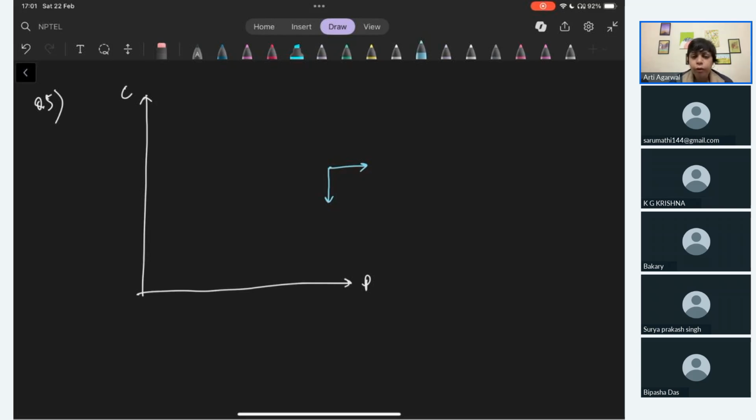Now, if you do vector addition of these two, it becomes like this, right? So this arrow, the tangential arrow, is the direction of increase of utility for this particular combination of goods. So it's not horizontal.